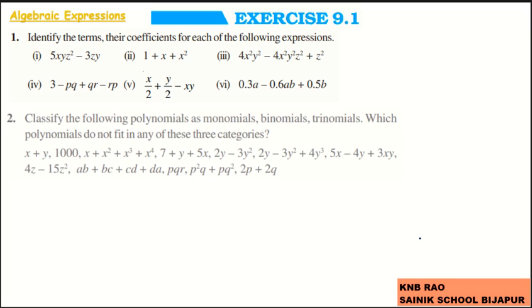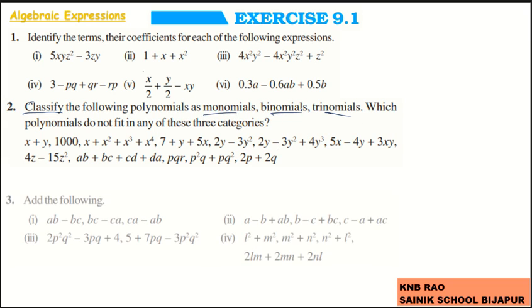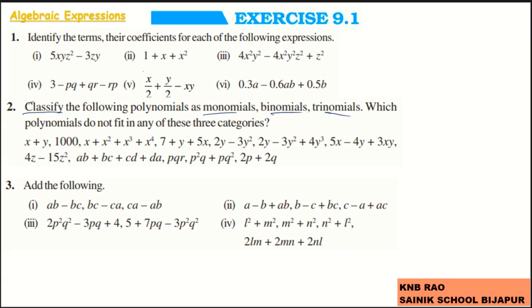Then the question number 2 is list of algebraic expressions are given and we are asked to classify those algebraic expressions as monomial, binomial, trinomial and so on. Then coming to the question number 3, we are given 4 sub questions.